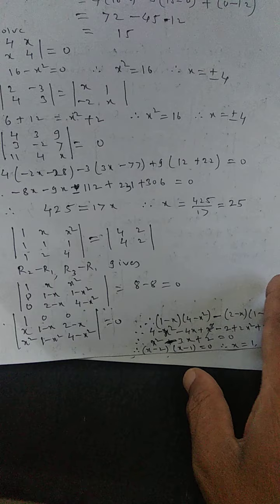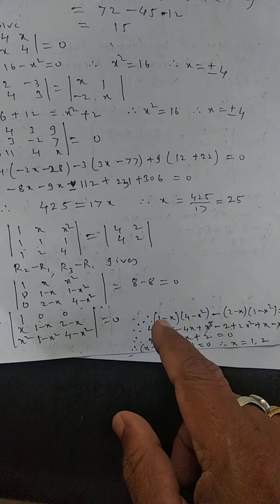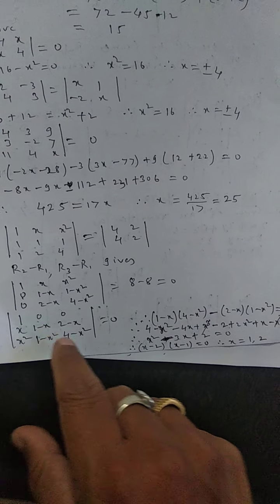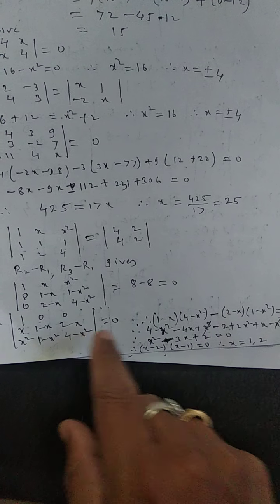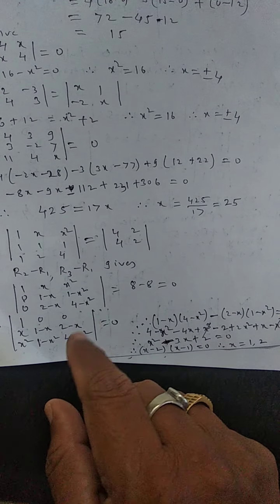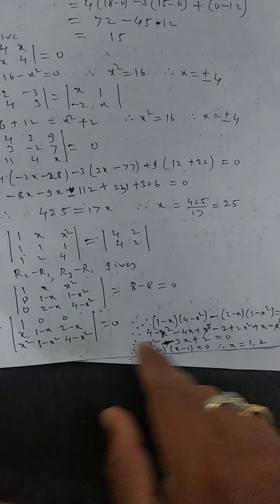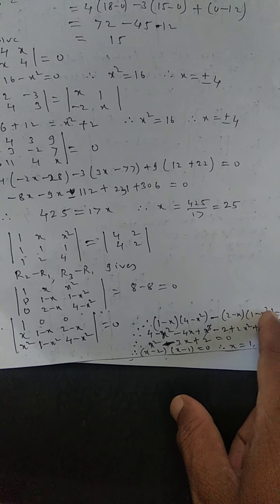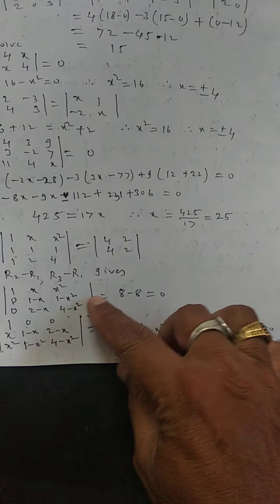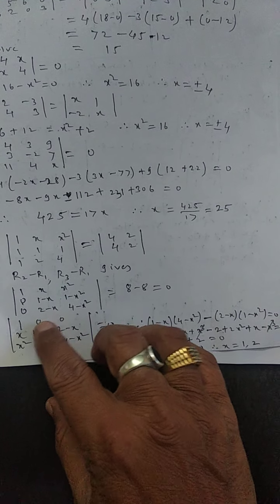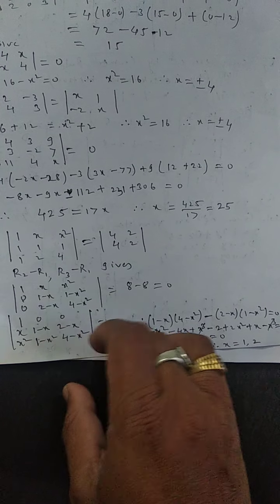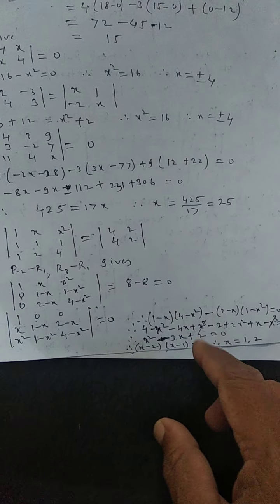And now it is very easy to expand this determinant. So 1 into (1 minus x)(4 minus x square) minus (2 minus x)(1 minus x square) is equal to 0. Because the second and third elements in the first row are 0, and 0 into anything is 0.